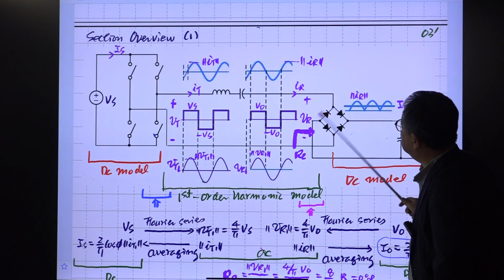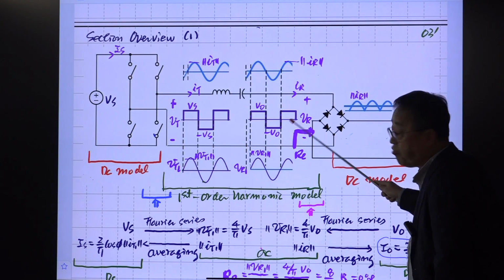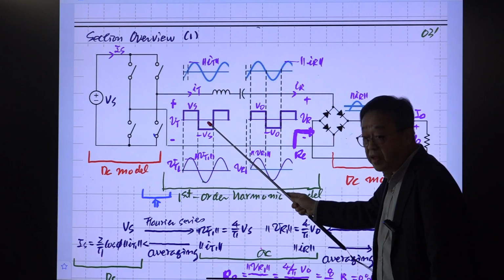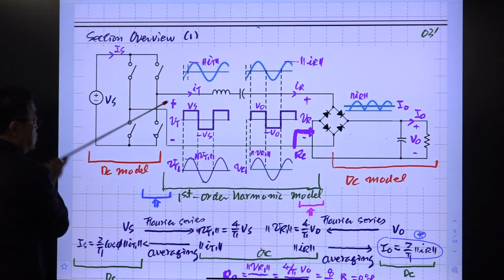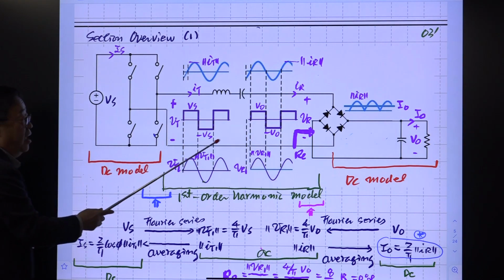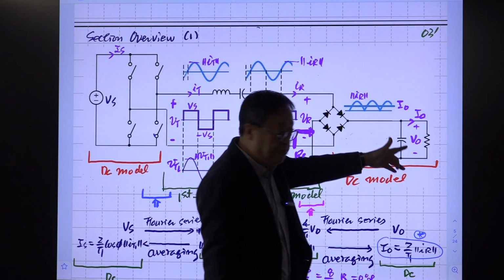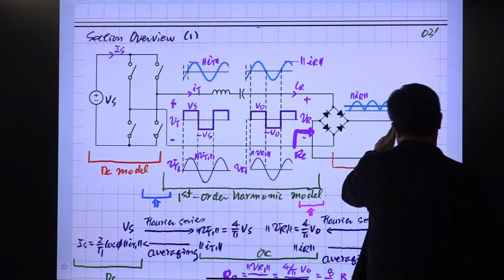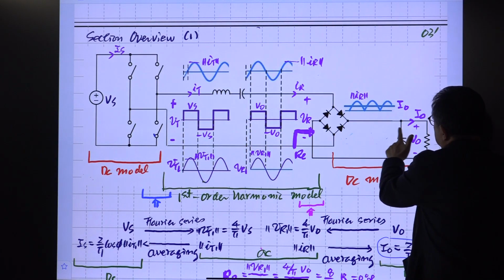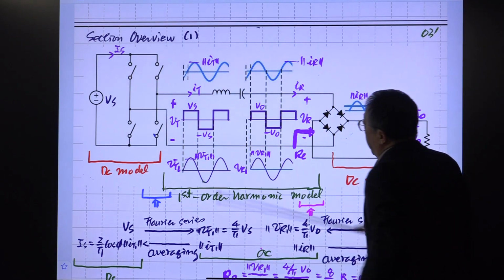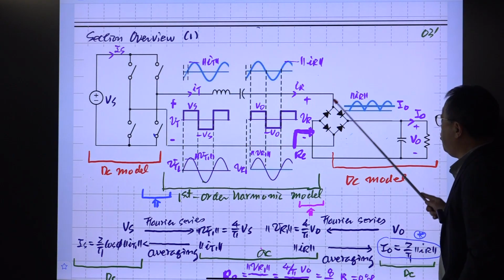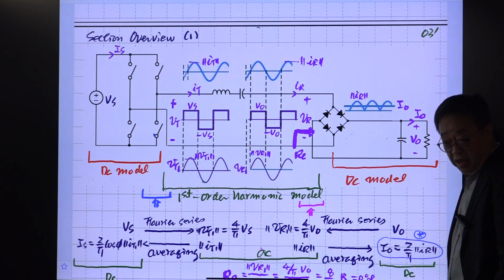The voltage seen at this port is this square waveform, the same as this one. The switch network transforms this DC voltage to this square waveform. We have constant voltage here because of the large capacitor, and this DC voltage is reflected to here by the function of the current rectifier.